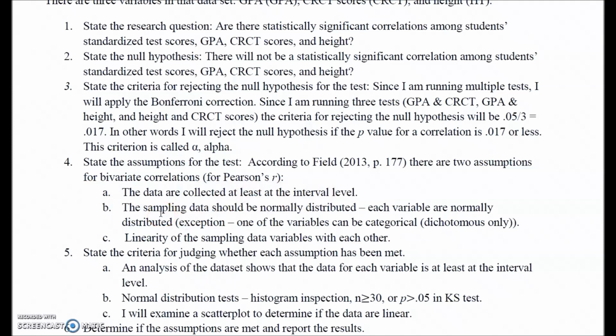The sampling data is normally distributed, and each variable is normally distributed, except for the dichotomous ones if you have any. And I said two, actually three: linearity of the variables with each other. Those are the criteria that we have to meet if we are doing a Pearson's R.